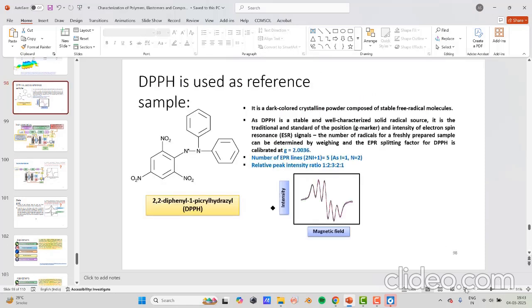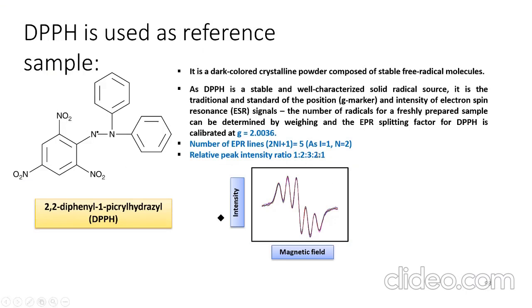So here this can be quantified with the formula, but here we just see the intensity. Suppose here the intensity is less, so it is 1. Then it is a little bit increasing. Then 3 means it is again increasing.